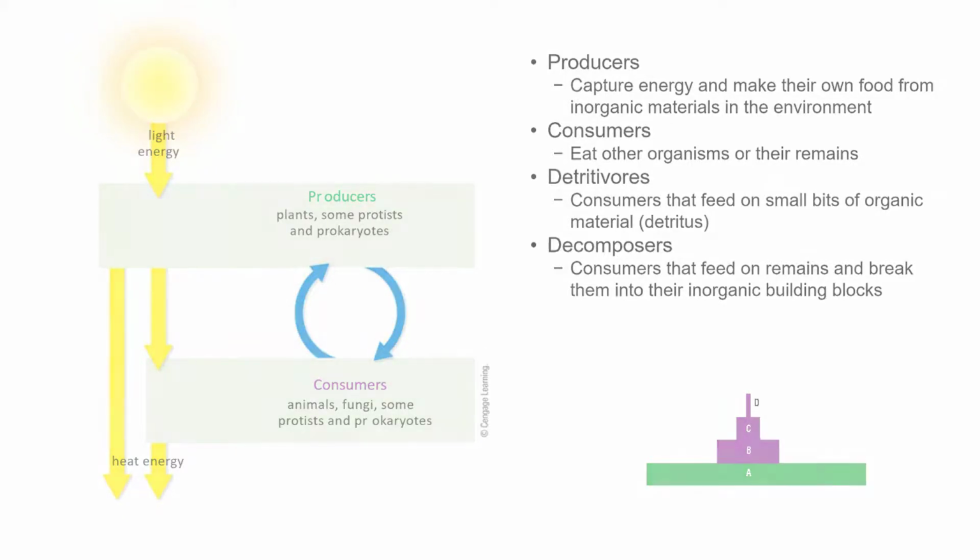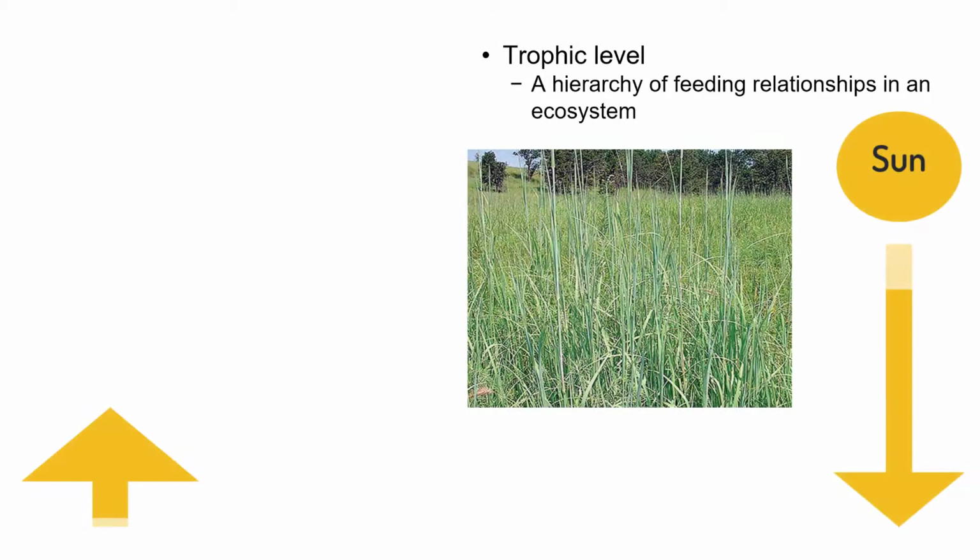So we can divide these relationships in the way these organisms feed into levels, like a hierarchy called trophic levels. And there's four of them you really need to learn about. The first is the first trophic level, and it consists mainly of producers. So this is your producers we learned about a minute ago, grass, other things that were included in that group.